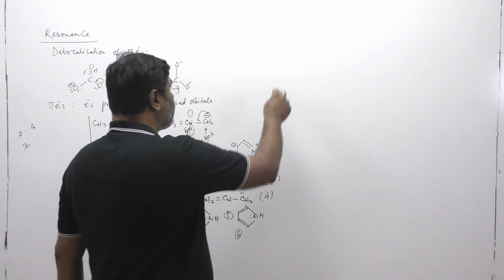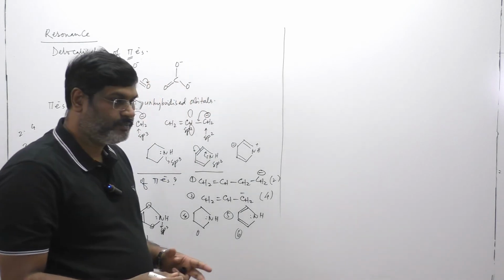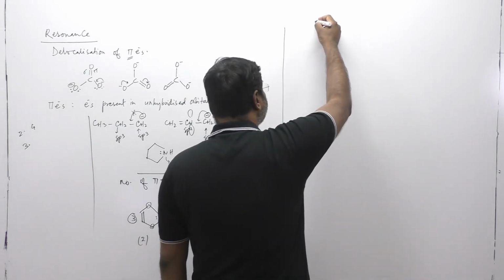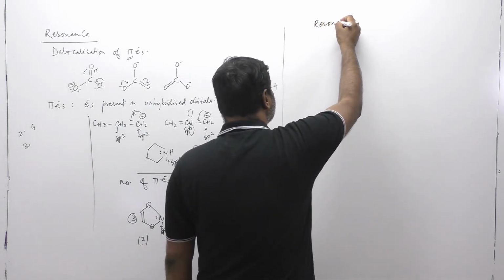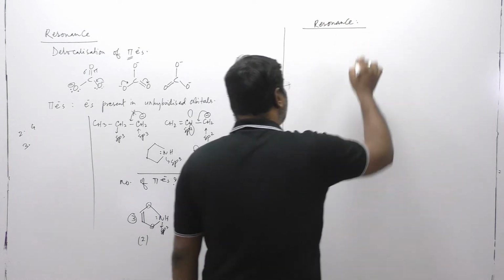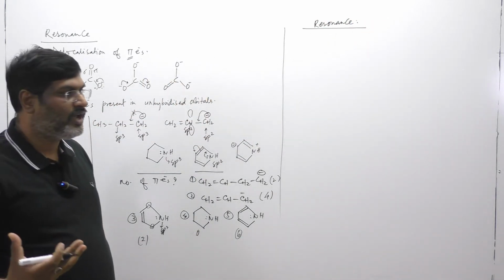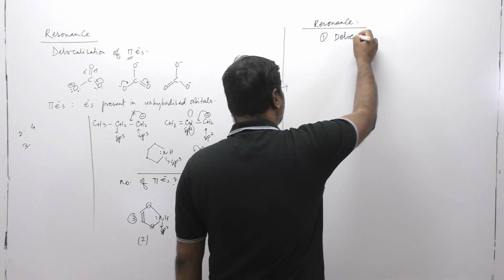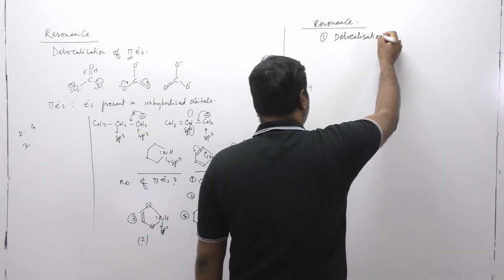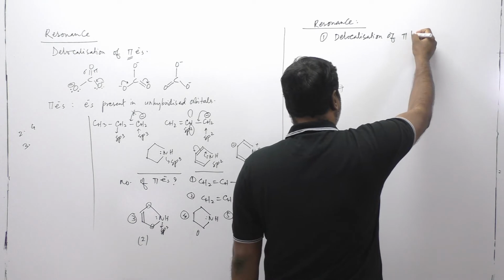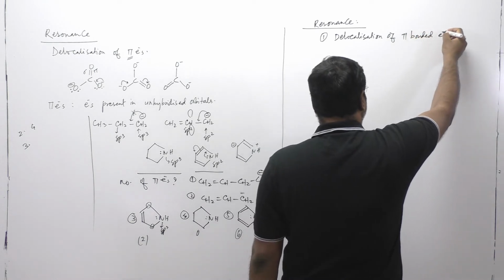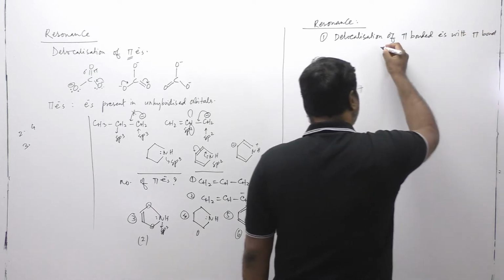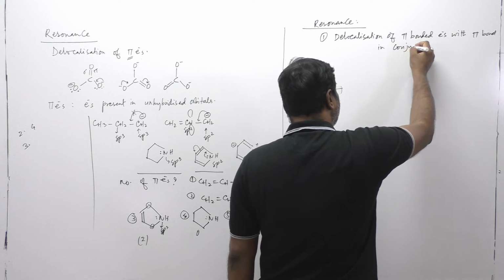So here, where will you get resonance? Is there any condition for the delocalization or not? For that, here I write the types of resonance. The first one: delocalization of pi bonded electrons with pi bond in conjugation.